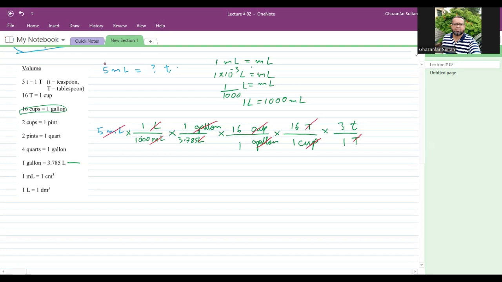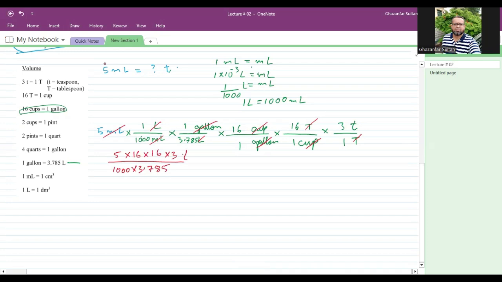And what are the other numbers? 5 into 1 into 1 remains 5. Then 16 into 16. Oh yes, one more value is here, 3. And what is in the denominator? Only this 1000 and 3.785. And what was the remaining unit?